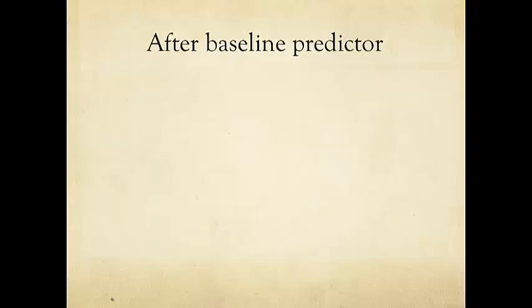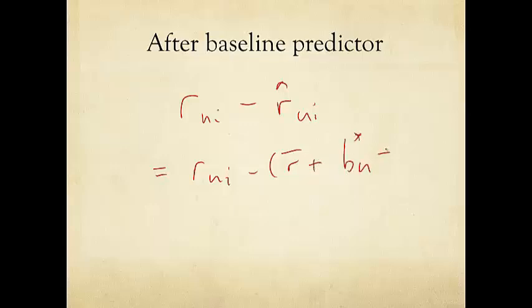Right. So after the baseline predictor, what we have is the following. We got the actual R_ui. We got the baseline predictor R hat_ui, which is the same as R_ui minus R bar, the lazy average, plus the optimized bu and optimized bi based on solving the least squares. And we call this difference a shifted R, called R tilde_ui, just a shorthand notation.